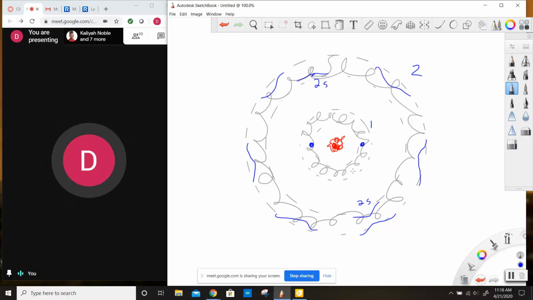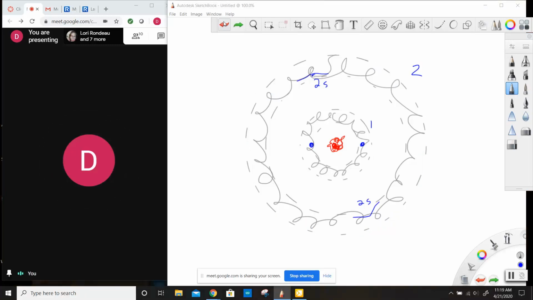The important thing is to understand that the energies of the n equals 2 electrons, the ones in this yard out here, are around the same, all of them. They're a little bit different from one another, but basically they're all the same. So, there are just so many different ways to think about this, and I encourage you to find one that works for you.